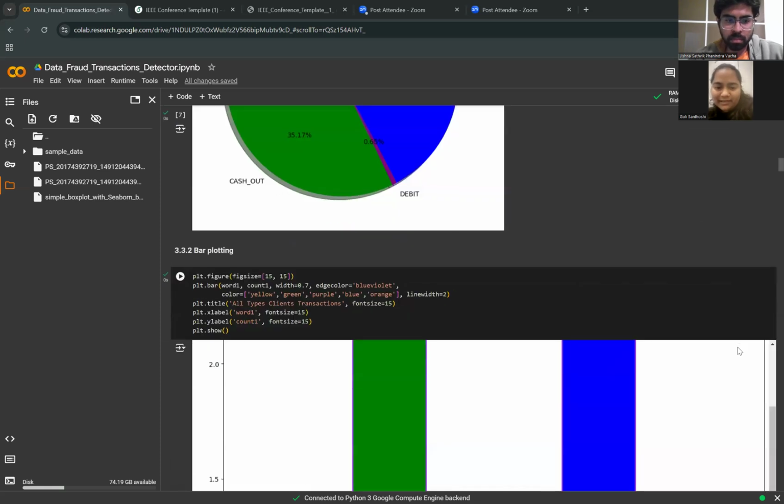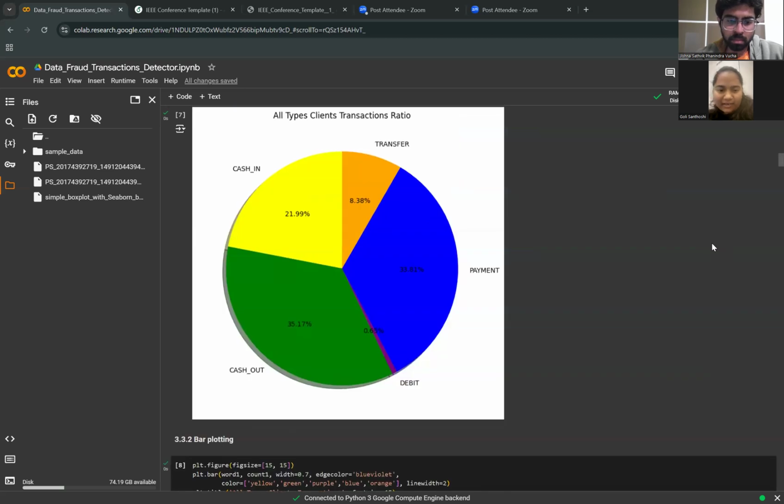If you see the screen, the pie chart shows different transactions like cash in, cash out, transfer, payment, and debit.